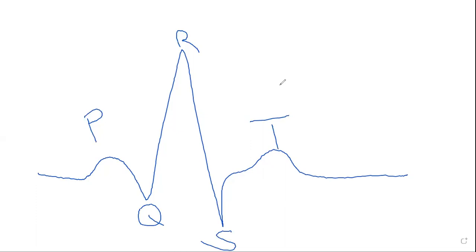I'm sure there's a reason, I just don't know why. So, each of these letters represents something happening in the heart. And these lines, this very familiar pattern, indicates either discharging or recharging the electrical parts of the heart.